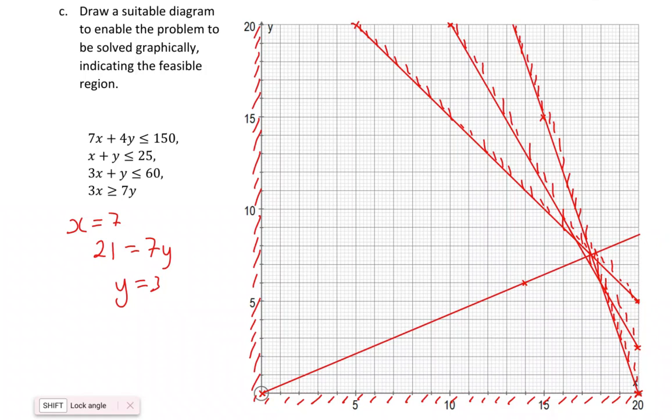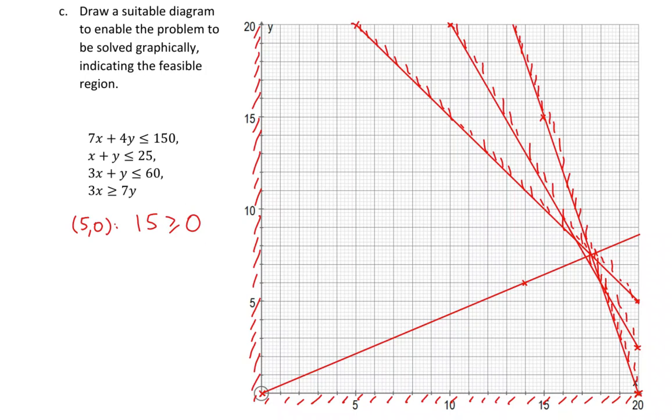Okay, now we've got to shade the region I don't want. So which region is it? Well, if I try, let's say, 5, 0. Well, x is 5, so we get 15. Is that greater than or equal to 7 lots of 0? Yes. So 5, 0 is in the region, so I shade the region I don't want, which is above.